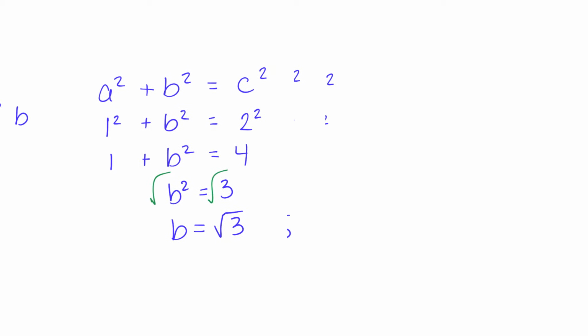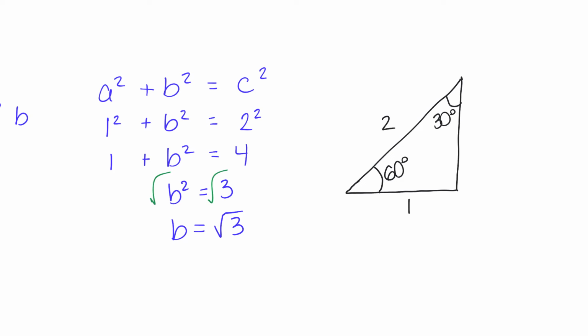Okay, so let's write this maybe a little bit nicer. So here is my special triangle. And I've now determined that I have a 60 degree angle, a 30 degree angle, a base of 1, a hypotenuse of 2, and a height of root 3.